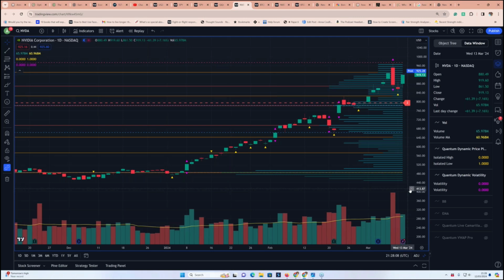And in fact, I read on my X feed that there are a lot of traders who have either bought calls or sold puts at the 900 strike with Friday's expiry. And that also would explain the volume that we are seeing at the moment.